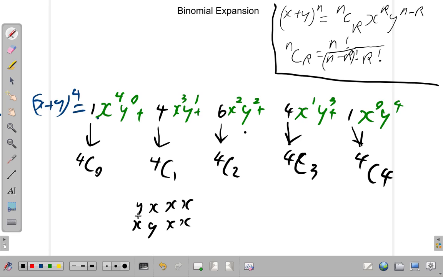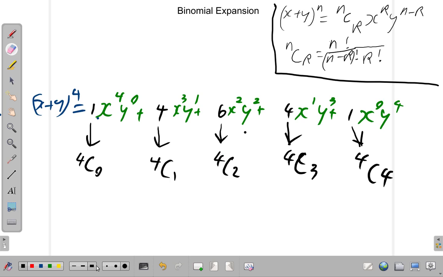So that's another way. You can arrange them as x by x by y by x, or you can say x by x by x by y. So these are 4 different arrangements, 4 ways you can arrange them, when you multiply the 3 x's and 1 y.